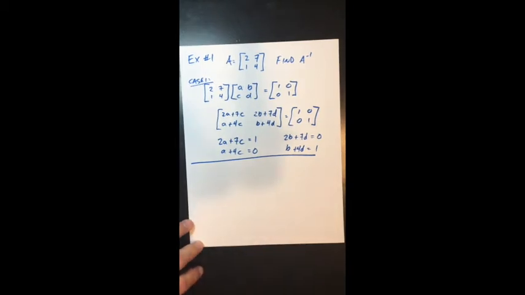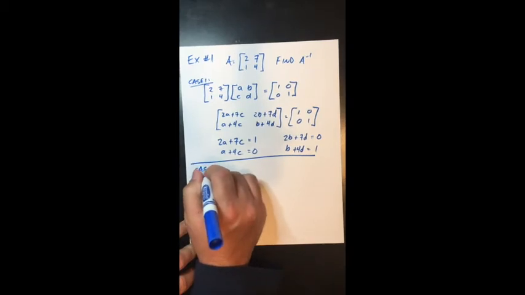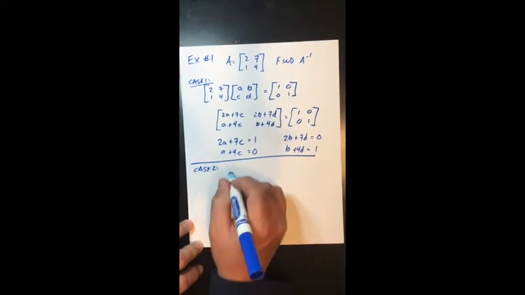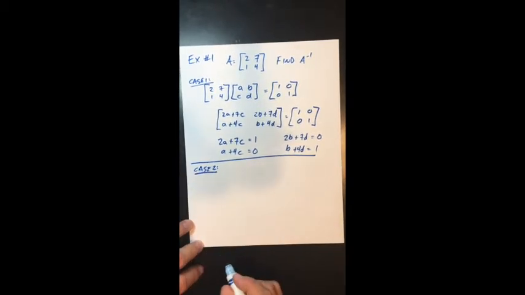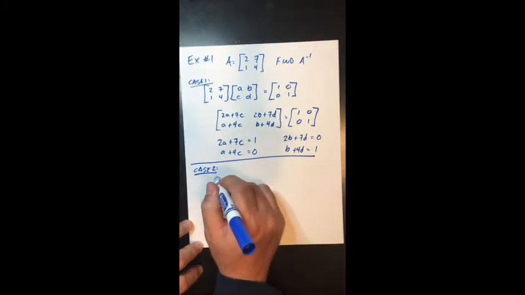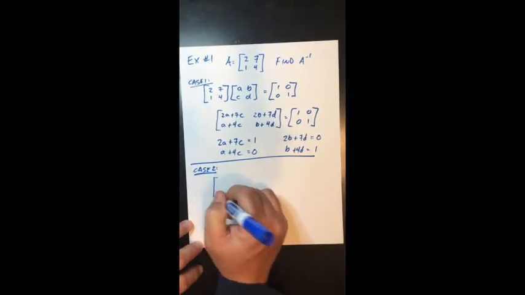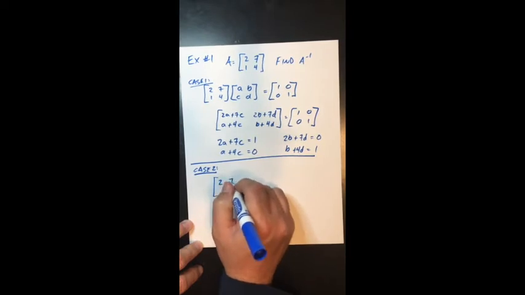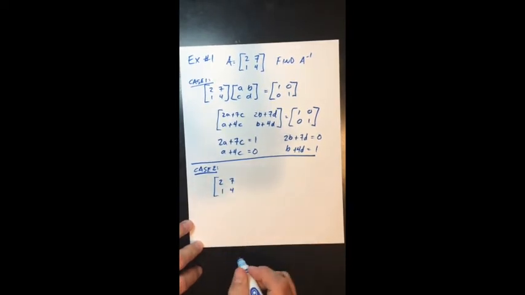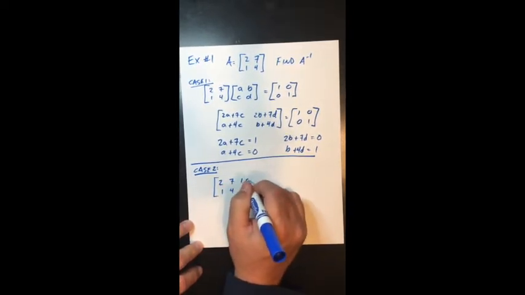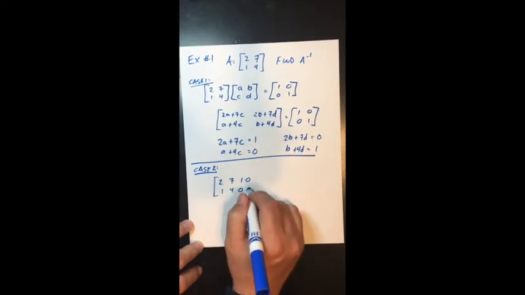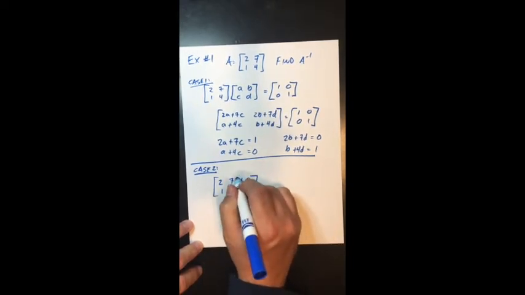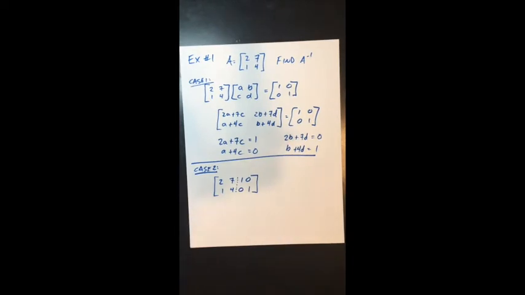For case 2, the second way that we can find an inverse, we are going to use an augmented matrix. So we're going to turn [2, 7; 1, 4] into [2, 7 | 1, 0; 1, 4 | 0, 1]. If we just dotted line that, we see that to the right of that dotted line we have the identity matrix.